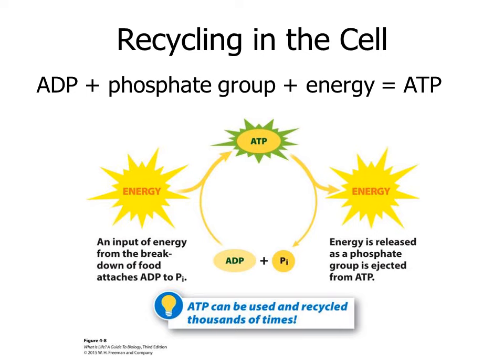So here's the recycling part. Each time a cell expends one of its ATP molecules to pay for an energetically expensive reaction, a phosphate is broken off and energy is released. What is left is a molecule with 2 phosphates called ADP and a separate phosphate group labeled in this diagram as just Pi. That's a phosphate group.